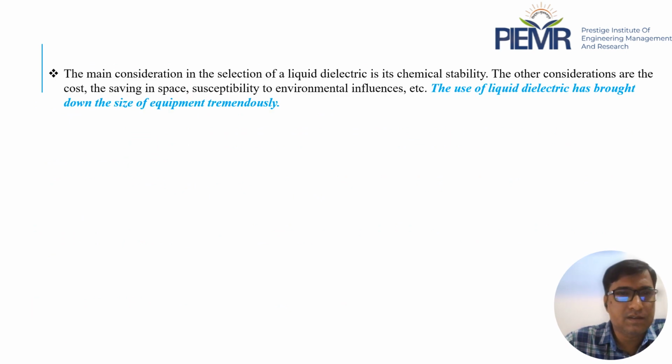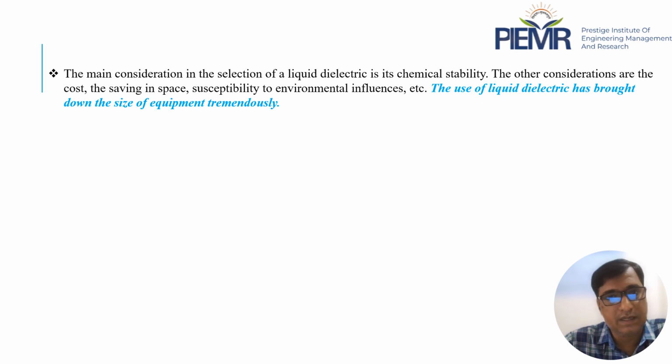The main consideration in the selection of a liquid dielectric is its chemical stability. The other considerations are cost, saving in space, and accessibility to environmental influences. The use of liquid dielectrics has brought down the size of equipment tremendously. When we used air as a dielectric, the size of the devices was much higher.